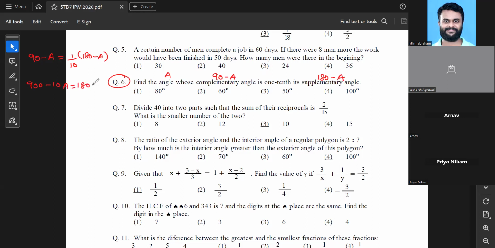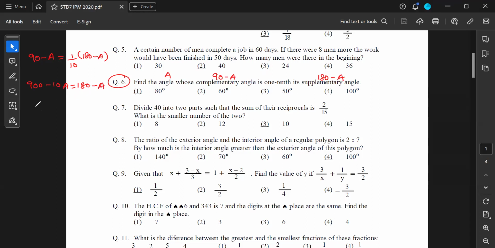On the other side, I have 180 minus A. I take 10A to the other side and 180 to this side, so I have 900 minus 180 on the left-hand side and 10A minus A on the right-hand side. 900 minus 180 gives 720, which is equal to 9A. That gives A is equal to 80. That's my answer.